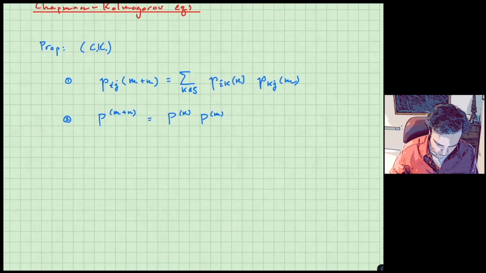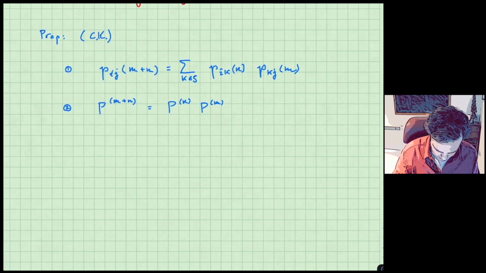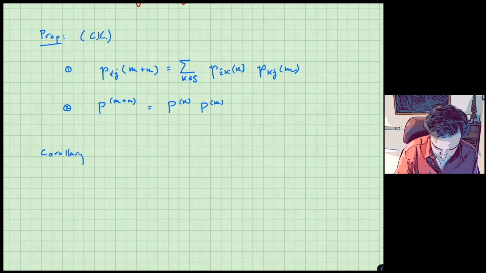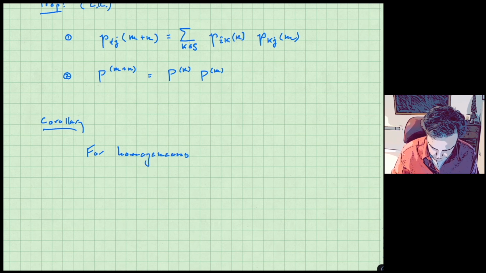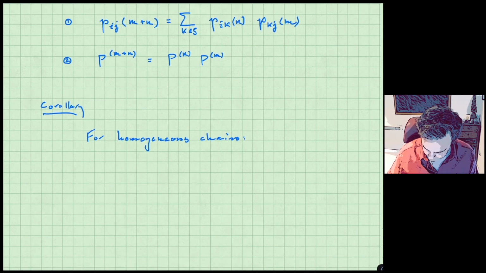And then there's a little corollary that goes along with this. So this is the proposition, and this is the corollary. For homogeneous chains, which are the only ones we're going to look at, I think, the following is true.